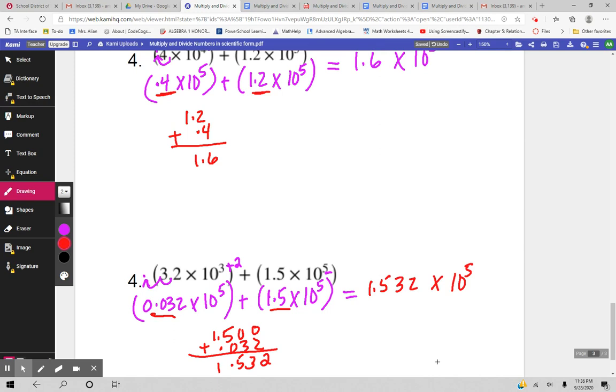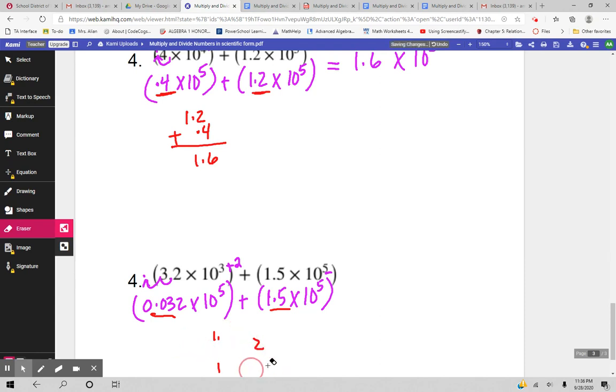Okay, so I forgot to give us a subtraction problem, so I'm going to come up with a subtraction problem right here. Let me erase this so I can have more workspace. And I'll erase that.